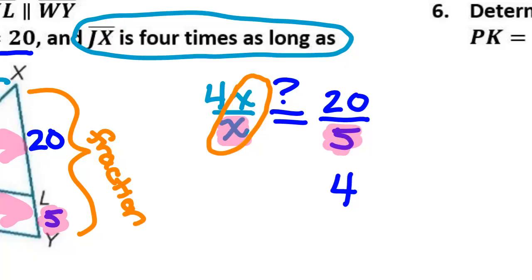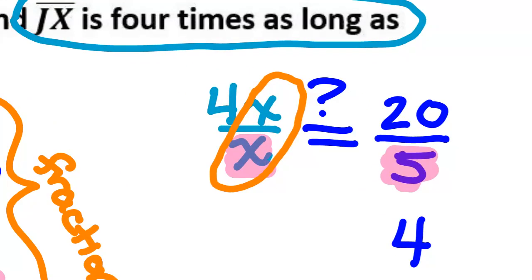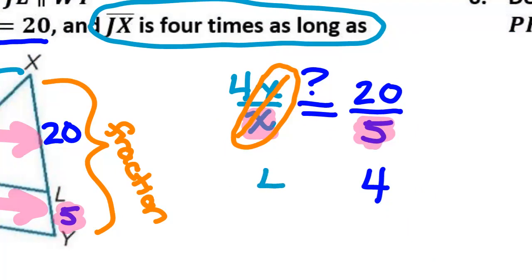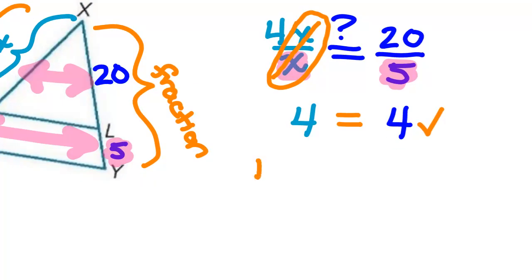What about if x was 100? What's 100 divided by 100? 1. What if x was 1,000,000? 1. So these x's simplify to be just 1, so they're going to cancel out because I have 1 times this 4 right here. So I have just the 4 remaining. Those came out to be equal, and so the lines are parallel.